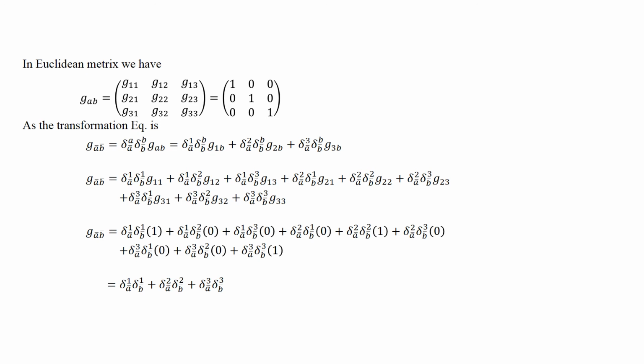Accordingly we substitute these values. Other than the diagonal all terms are 0, so we get G A bar B bar is equal to delta 1 A bar delta 1 B bar plus delta 2 A bar delta 2 B bar plus delta 3 A bar delta 3 B bar.